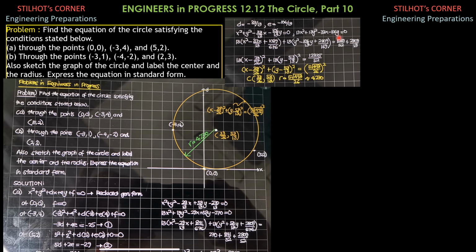We then complete the square in x, so we factor out 13, so we have x squared minus 33 over 13 times x. Then to complete the square, we add this 1089 over 676, where this 1089 over 676 is 1/2 of negative 33 over 13, quantity squared.